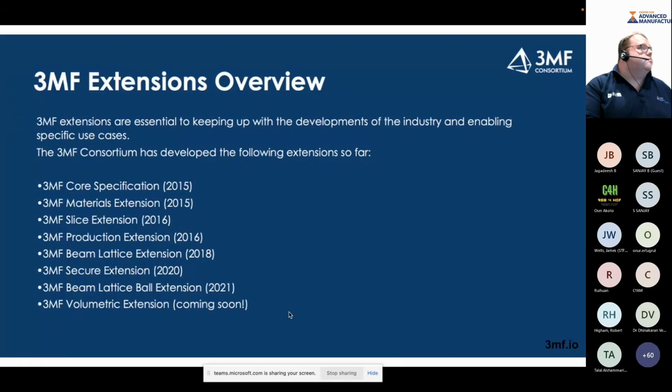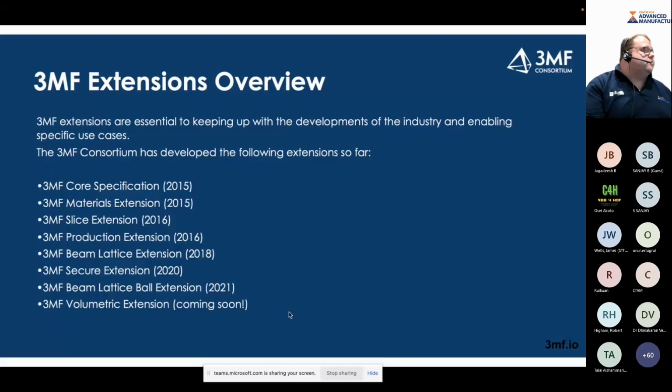Again, this is being led by HP, but other manufacturers are bringing this on board slowly. The beam lattice and ball extension is basically an extension upon the beam extension, but including balls in the lattice structure, so you get better endings. And then the volumetric extension is something we're working on at the moment, which describes the geometry as either a voxel sheet in a bitmap stack or as implicit.